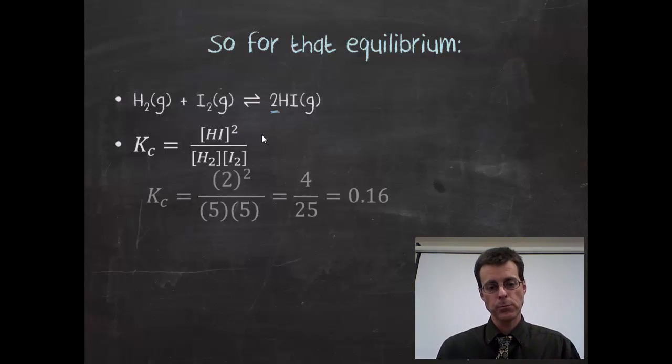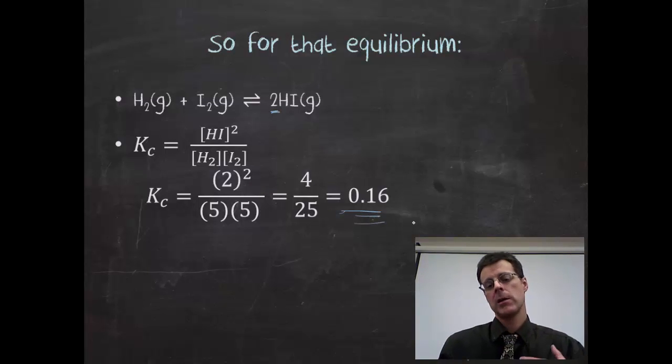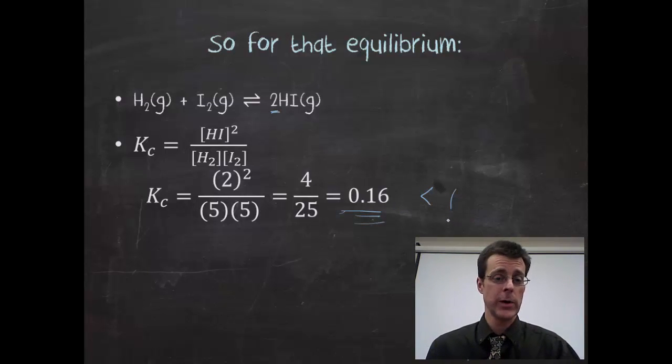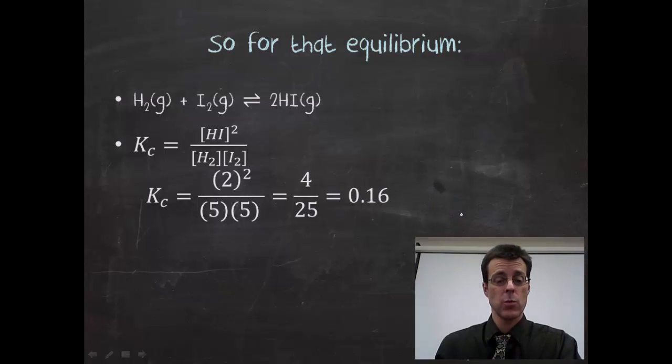Then, if I took my equilibrium concentrations and put those in, this is what I end up with. That number is less than 1, and as we saw, it favored the reactants. So there's still lots of hydrogen and lots of iodine left. That's not the point. The point is, this is how we find our value of K, or Kc, and this is how we use it.